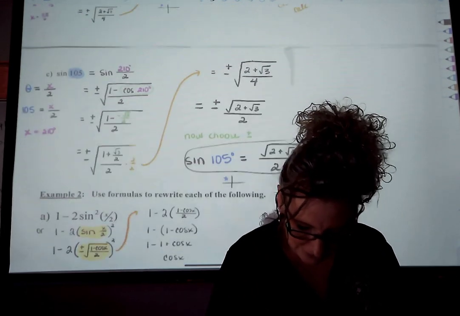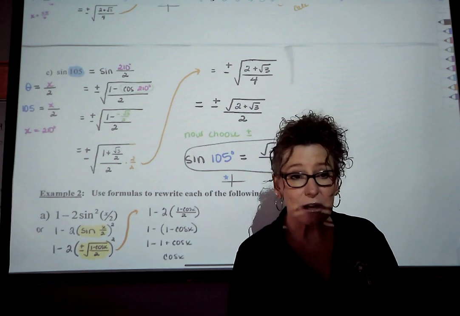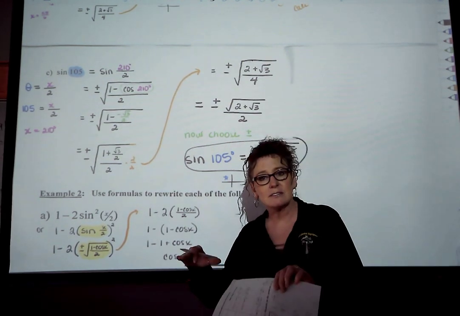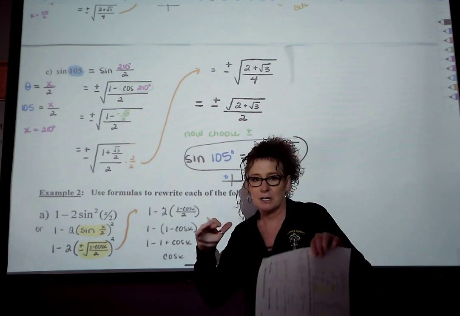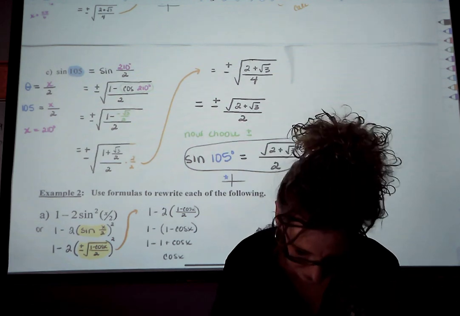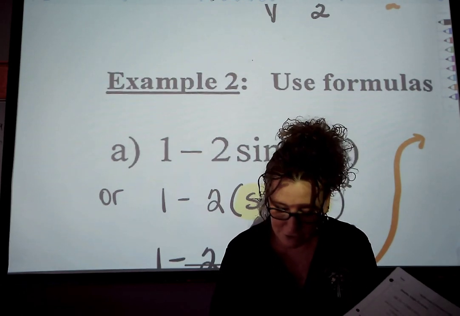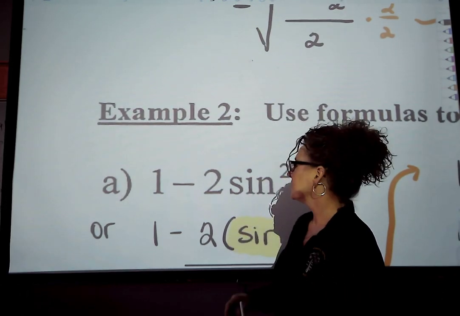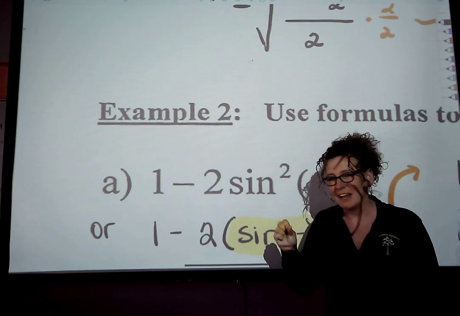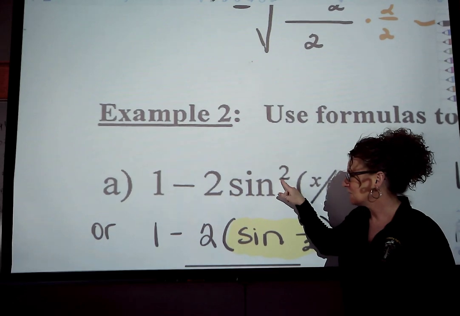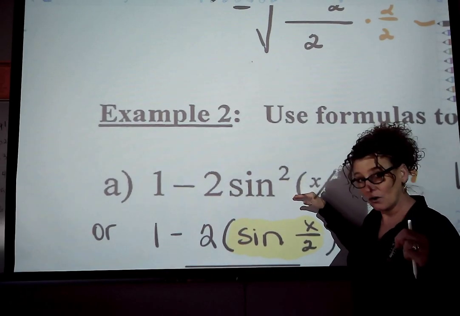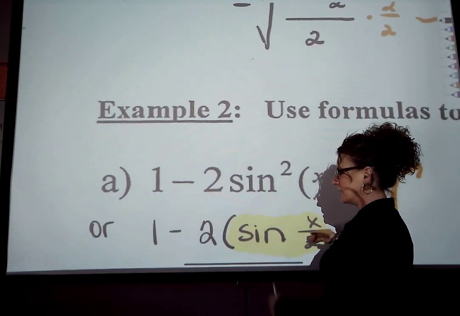Okay, next one. Use formulas to rewrite each of the following. So we're going to use formulas to replace, and we're just going to keep going until we can't go anymore. It's just telling us to rewrite it. So here I go. The first thing I did was, I keep saying this, y'all aren't super good at recognizing what this means. So I like to write sine and then my angle and then put the whole thing in parentheses.